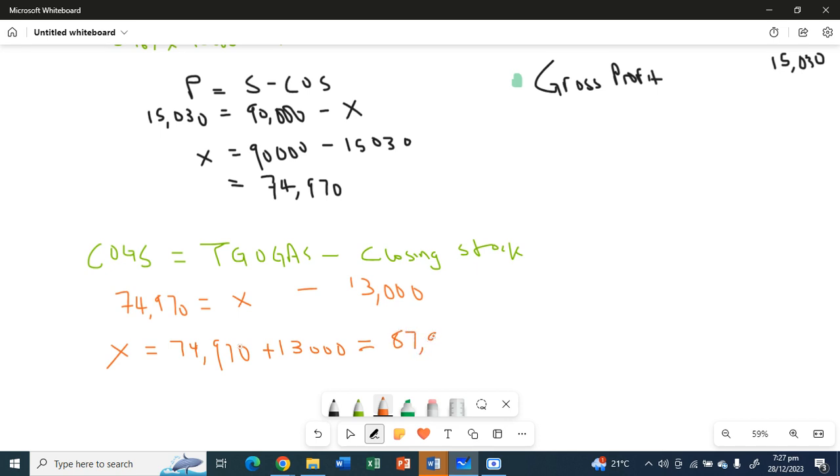So this is the total cost of goods available for sale.